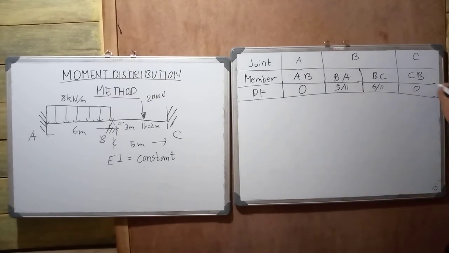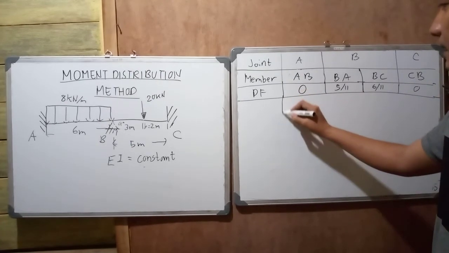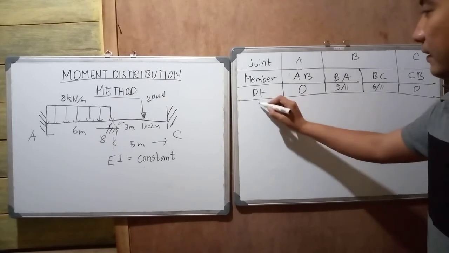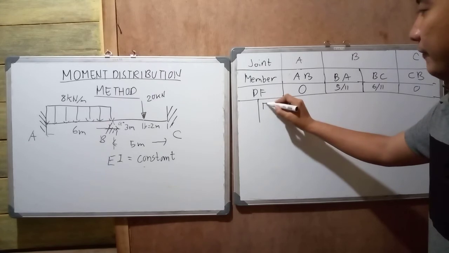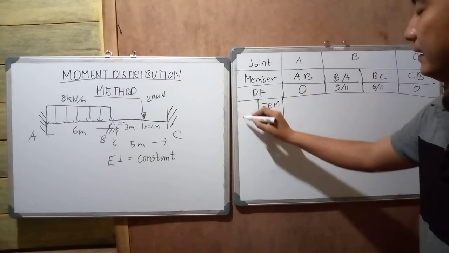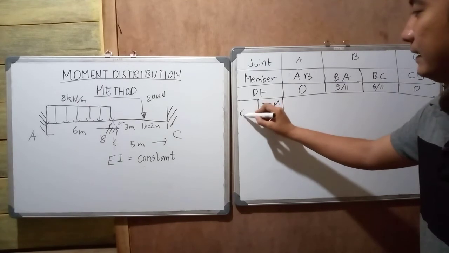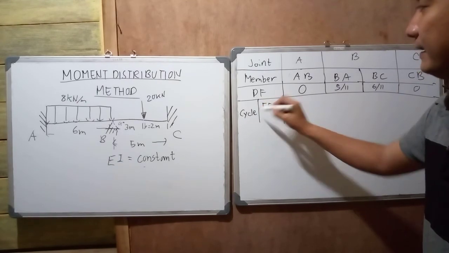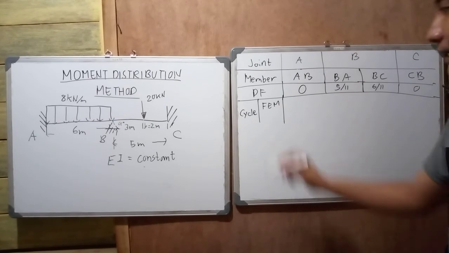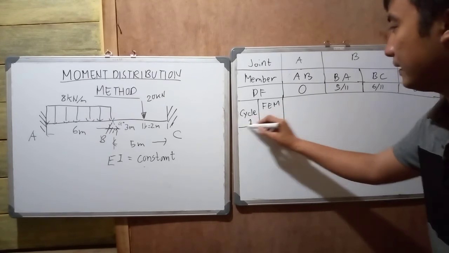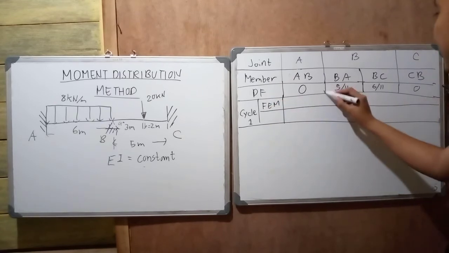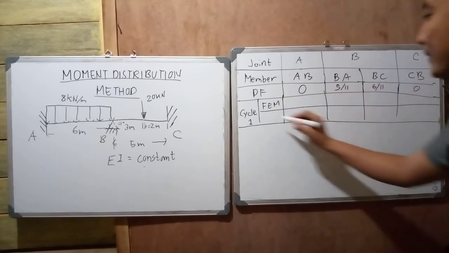Okay? Para magkaintindihan tayo. So then, the next thing is we would write the fixed end moments. Okay. So meron itong iterative kasi itong moment distribution method. So meron tayong sabihin nating cycle 1. And then after the cycle 1, dito natin ilagay yung mga distribution.